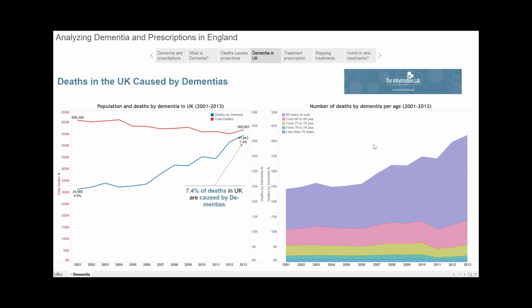And here in the right graph, you have the number of deaths by dementia per age. So two of every three deaths by dementia are people aged 85 years or over, and the rest are people of less age.